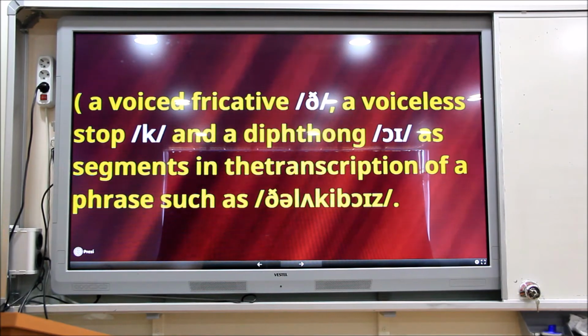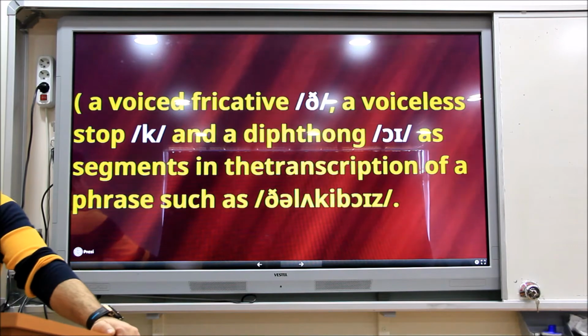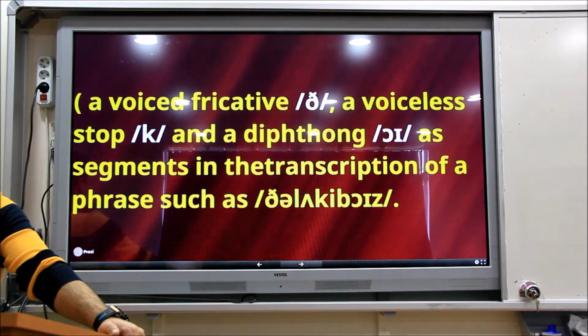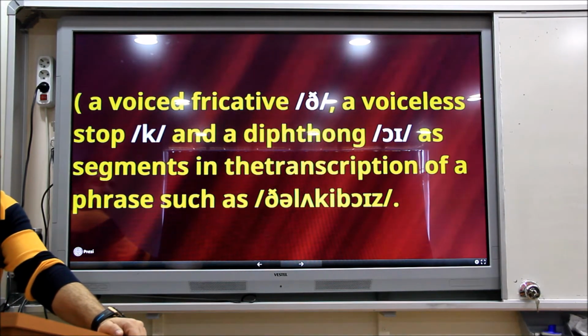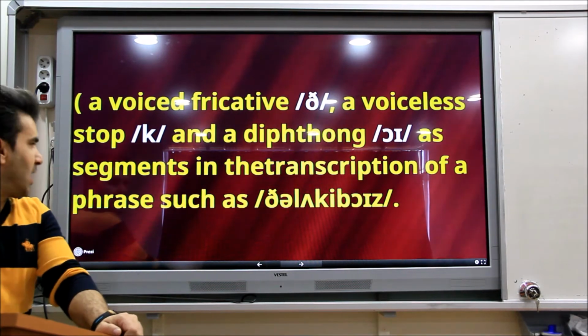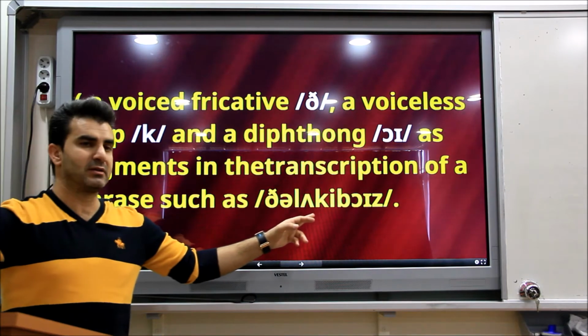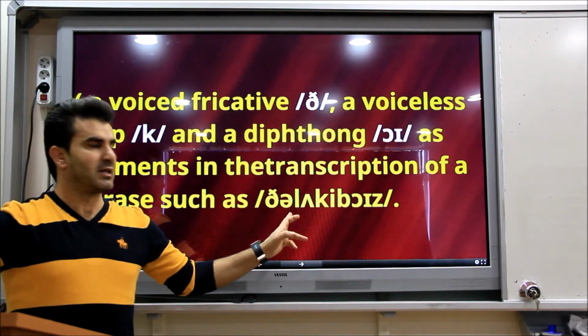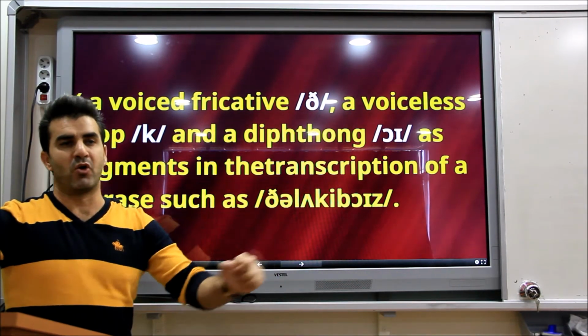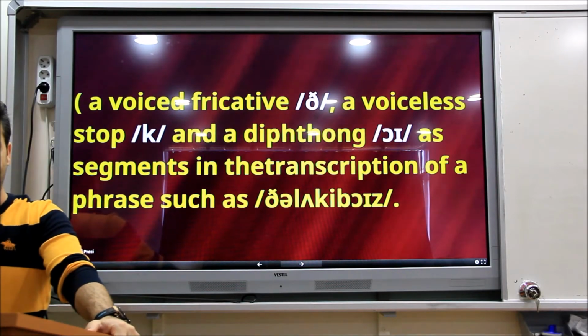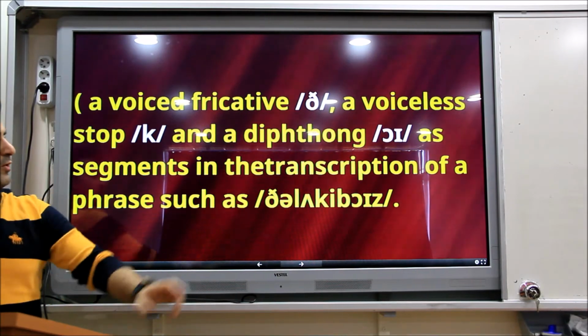For example, we learned a voiced fricative, the, and a voiced stop k, and a diphthong oi, as segments in the transcription of a phrase such as the lucky boys. Okay, remember. Now we learned about this.